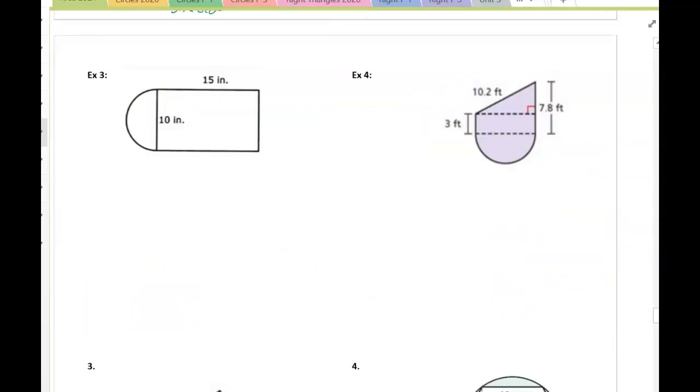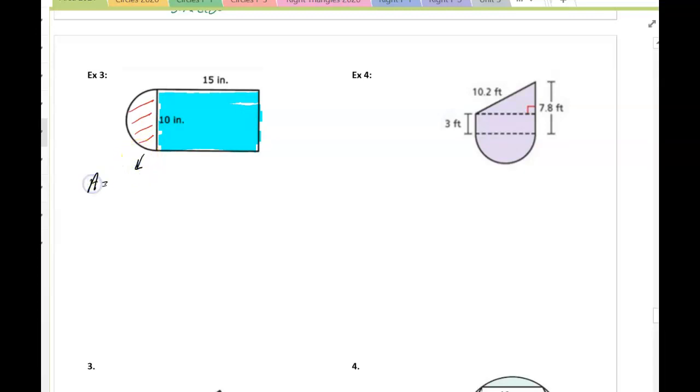So if we look at example 3 at the top of this page, we have two sections. We have this red section, which is half of the circle, and then we have the blue shaded section, which is a rectangle. So we have two parts. We have to do half of a circle.